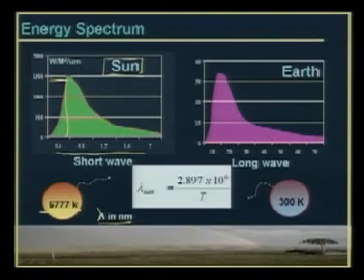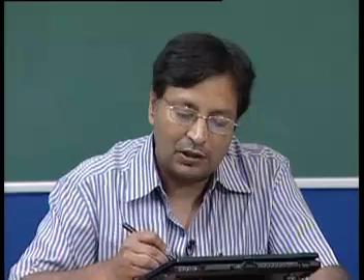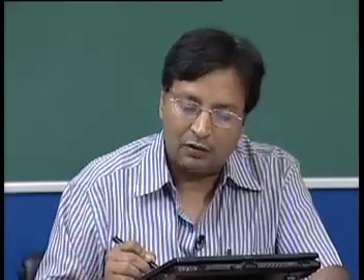When we come to the earth, its temperature is low, so the radiation from the earth will be in the long wave, as you can see here, and see the difference in the wavelength versus 0.8 here, that could be 10, 30, 40. So you can also estimate at what wavelength the maximum radiation will occur from the earth.